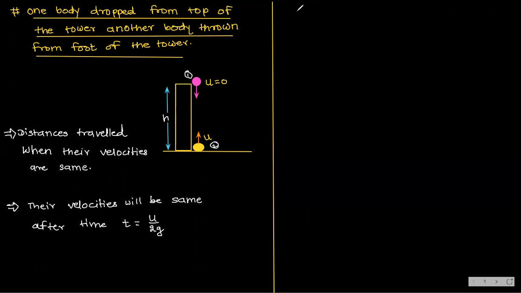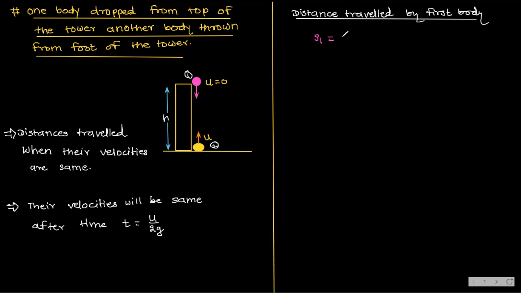Now you see distance traveled by first body. I am using pink color for the first body. You can see. Now see here, S1 is equal to, what is our formula in case of this first body?